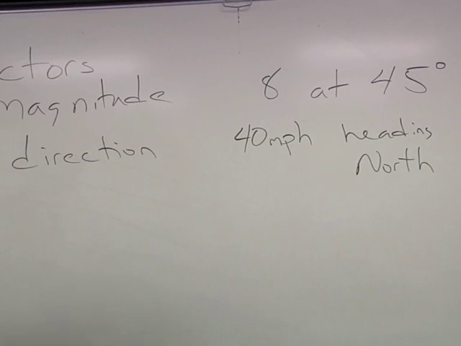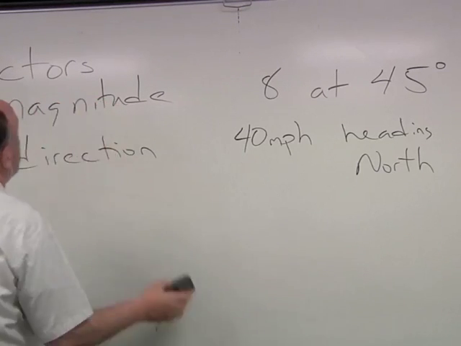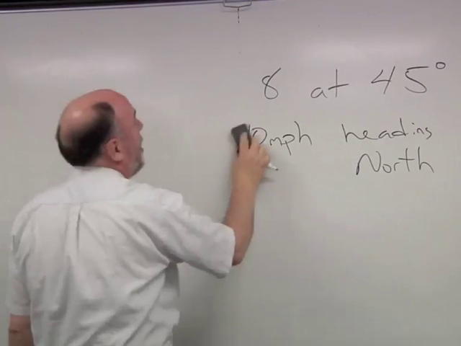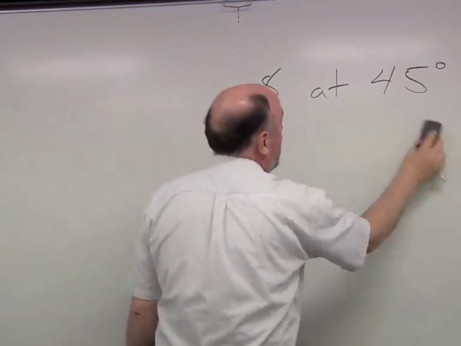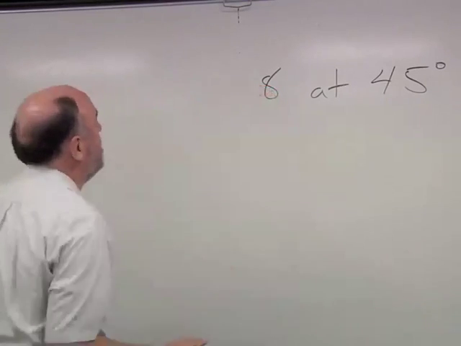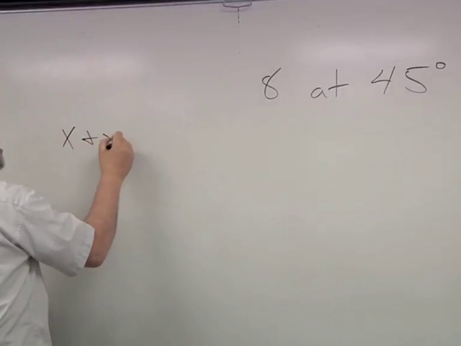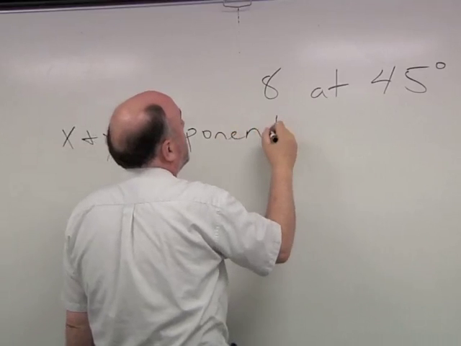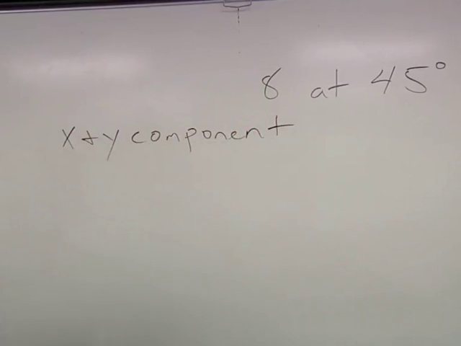So in terms of a vector then, we could look at giving something like my first one there, 8 at 45 degrees. Well, we could look at what is the x and y component of that vector. So if I were to draw that out, 8 at 45 degrees, it would be something that looks like that.